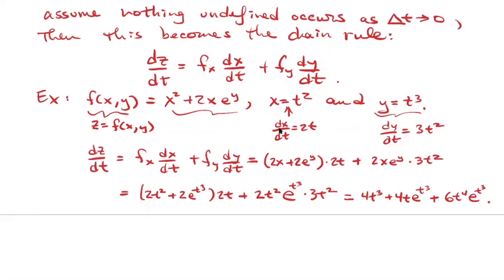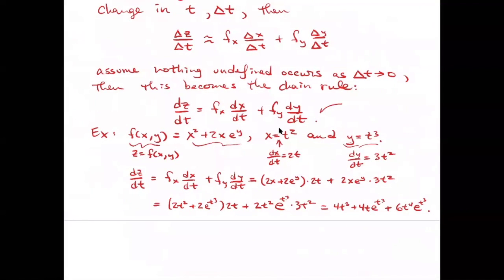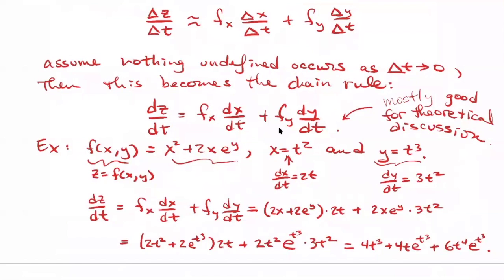I should make a note somewhere here and say the chain rule is mostly good for theoretical discussions. So you'll see me use the chain rule when we do a proof, and then you'll never see me do the chain rule again.